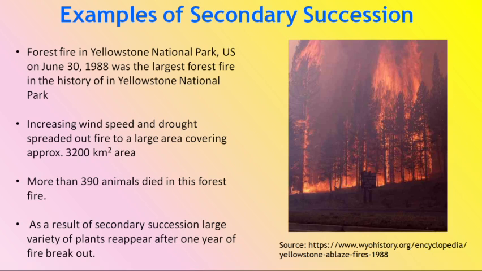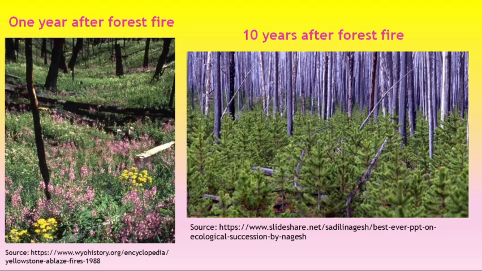So secondary succession started at this place, and this secondary succession took place very fast because a large amount of organic matter in the form of ash was present in this place, which helped the newly coming species to grow in a faster way. If you look at these pictures, the left-hand side picture shows the growth of plants after 1 year of the forest fire.